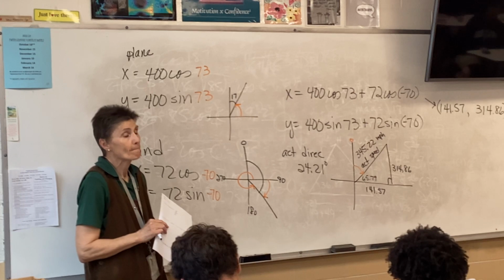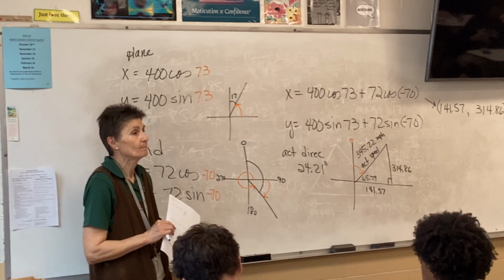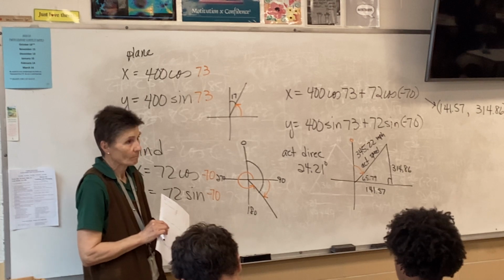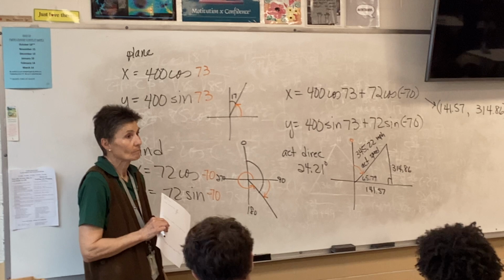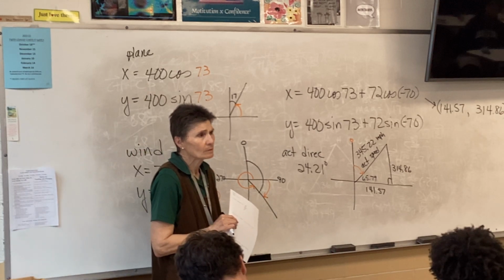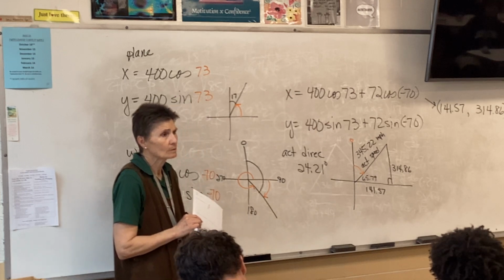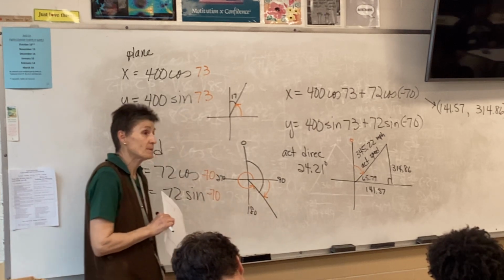Wait, so when it says force and bearing, it all starts from due north, zero? Always got it. You always use the angle that starts from x. The x-axis. Yes, that's standard position.